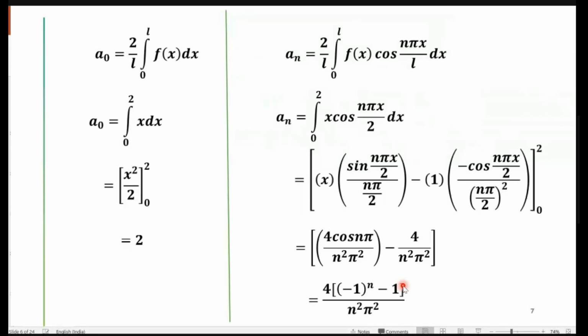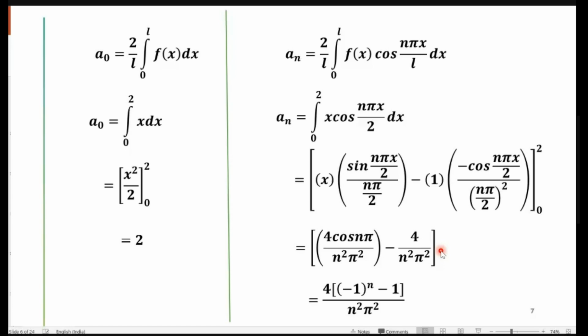If there are any mistakes, please tell me, okay? Suppose there is a sign mistake or something like that, please let me know. I think it's okay here, no? Minus into minus is plus, so first term positive, lower limit negative sign, 4/n square pi square. So 4 into minus 1 raised to n minus 1 upon n square pi square.